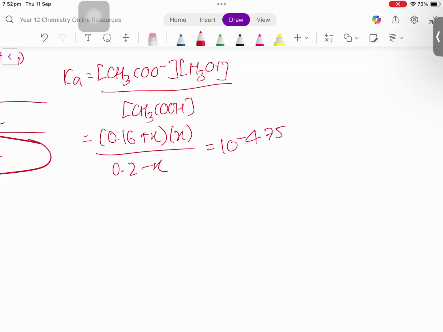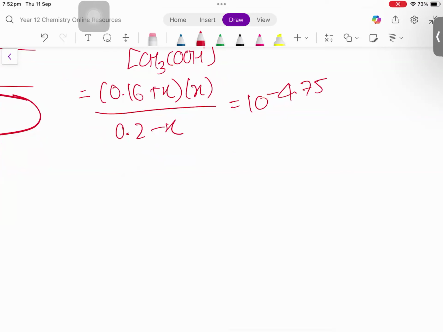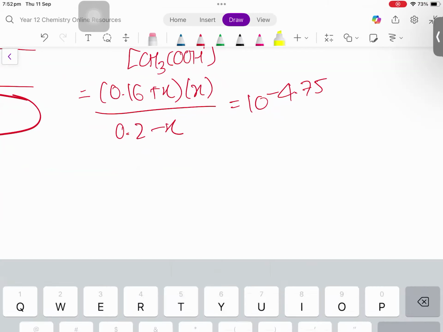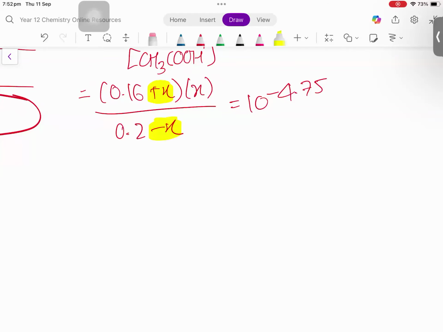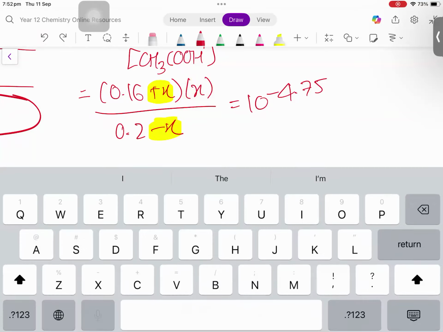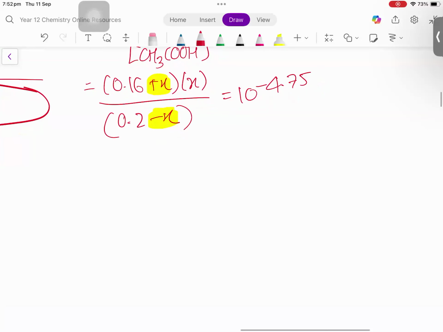And then, guys, that's a really small number. If you assume X is negligible anytime it's in a bracket with another number, which happens twice in this case, I'm going to leave this X on its own, but you make the assumption anytime it's in a bracket with another number. So X is way smaller than 0.16. X is way smaller than 0.2.